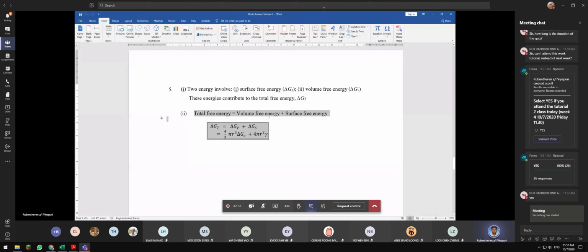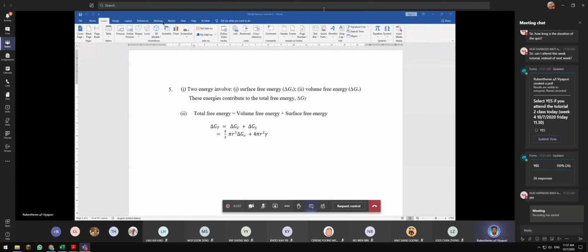Therefore, total free energy is volume free energy plus surface free energy. The sphere's volume free energy is 4/3 pi r cubed times the change in G_V, plus the surface free energy, which is 4 pi r squared times gamma, which is your specific surface free energy.